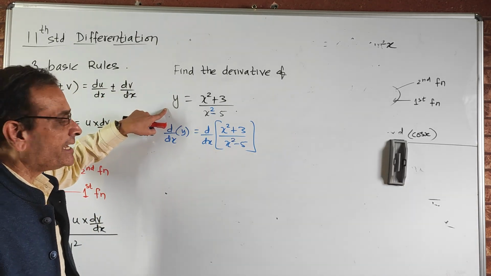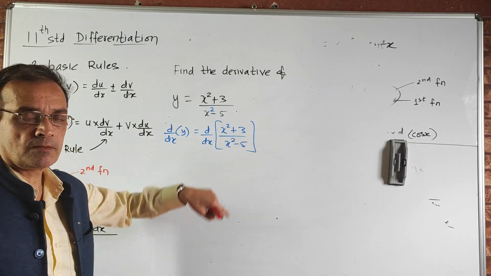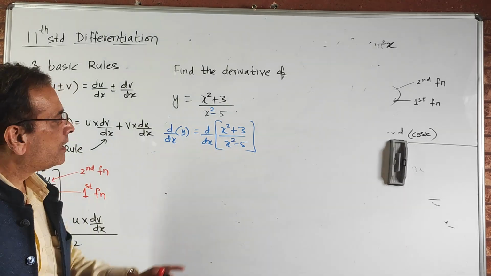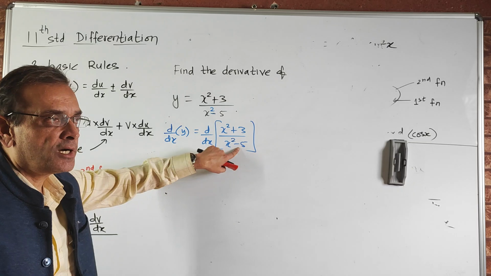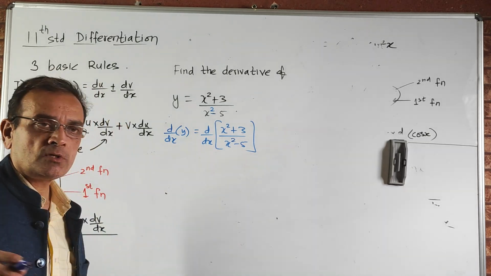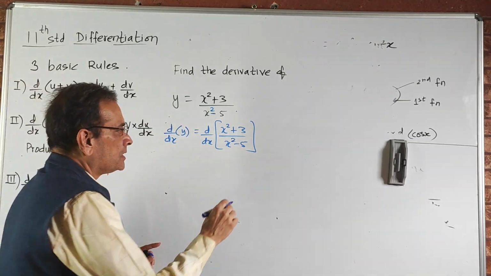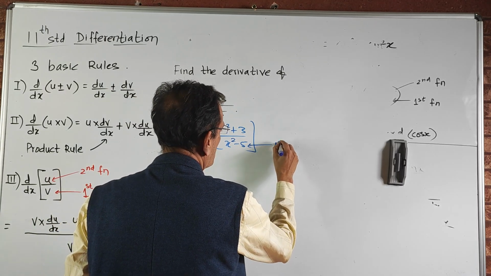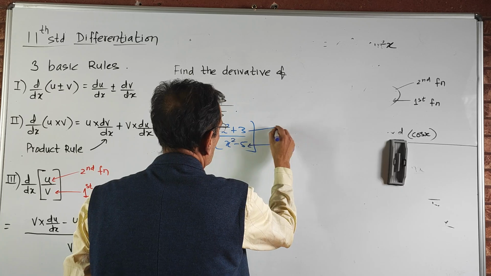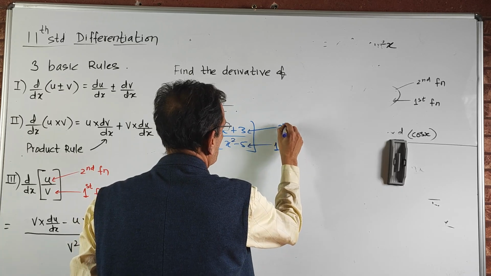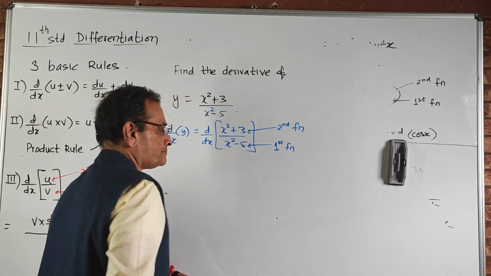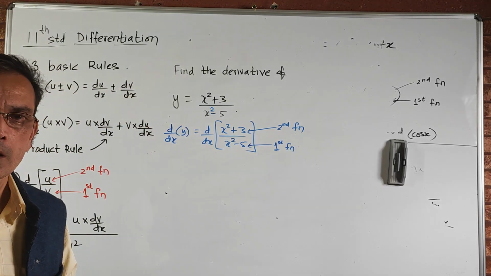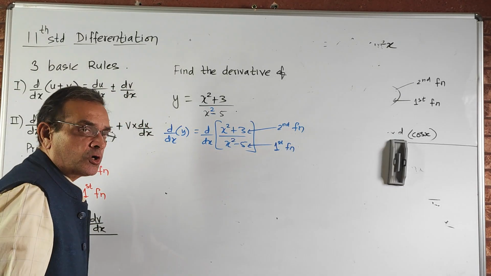So d by dx of LHS equal to d by dx of RHS. Now you have got numerator upon denominator यानी quotient rule. As soon as you decide that you have to use quotient rule, this is the first function. This is the second function. So what do you get?